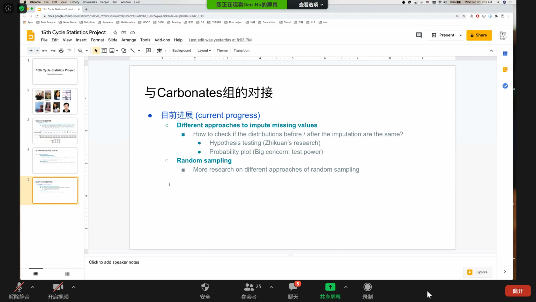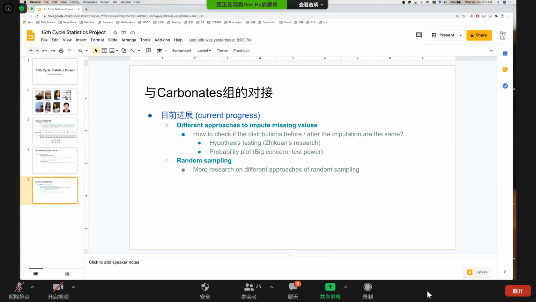Actually, the probability plot is another approach I came up with while researching this topic. Since the data set for the Carbonite team is really large, there is a big concern in the hypothesis test process, which is the test power. With such a large data set, a teeny tiny difference in the distribution can result in an extremely small p-value.